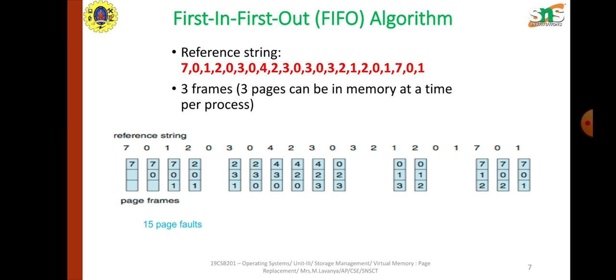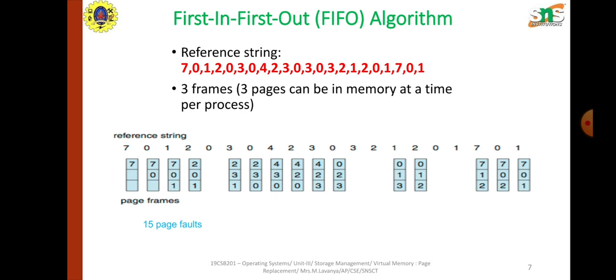Then next, the string 0 arrives. While checking the frames, the frame contains 2, 0 and 1. Since the value of 0 is already available in the frame, we won't disturb the frame or modify the data. We will just skip that and go for the next arrival string. The next arrival string is 3.